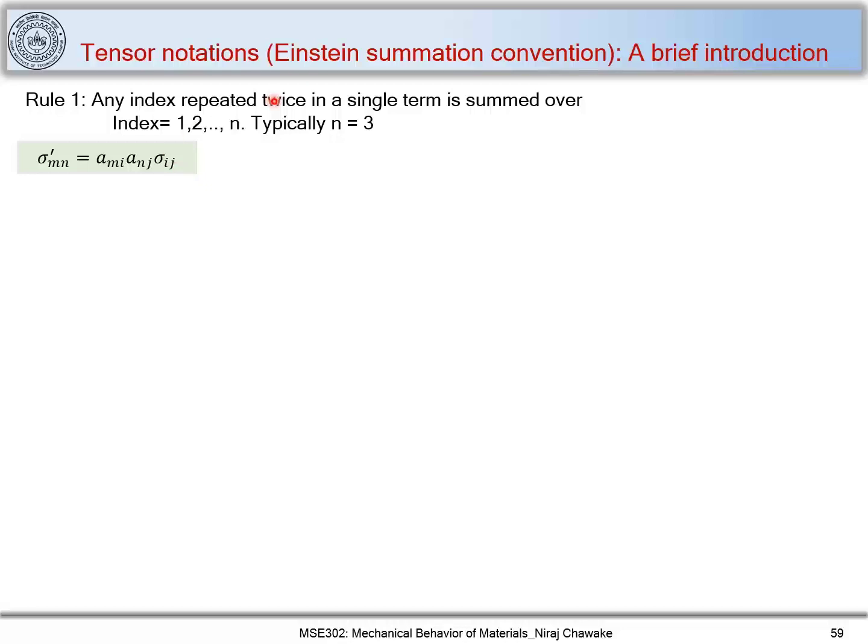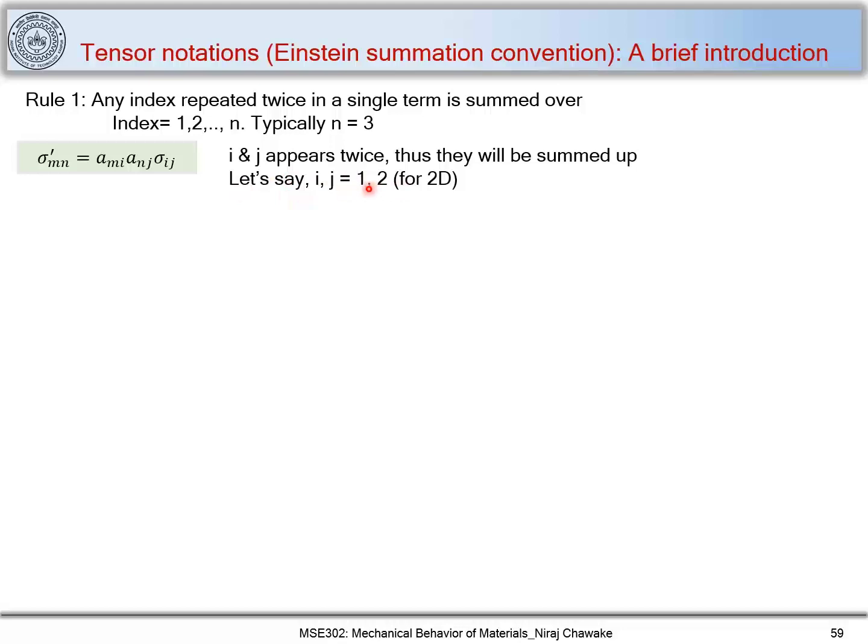Now, which is repeating twice in a single term? This is a single term. You can see here i is repeating, and i is also repeating here, and j and j. So i and j are repeating twice, so they must be summed over.